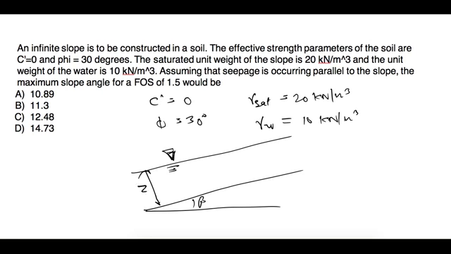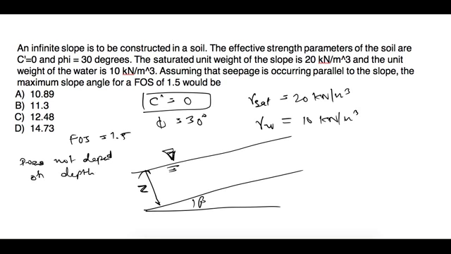So here the depth of the slope is not given. Factor of safety is given as 1.5, but you should remember that it is a cohesionless soil. In that case the factor of safety does not depend on depth if seepage is up to the top.